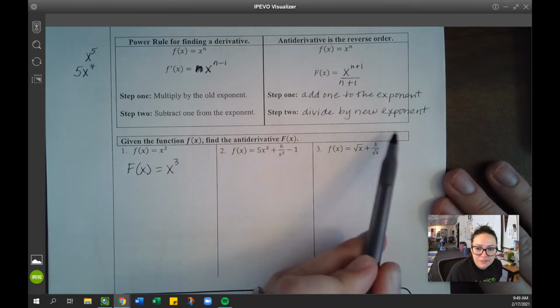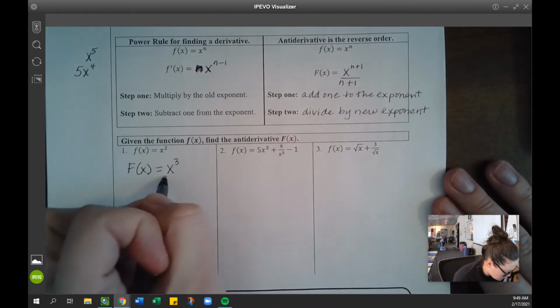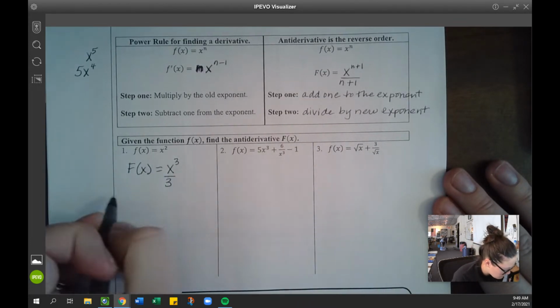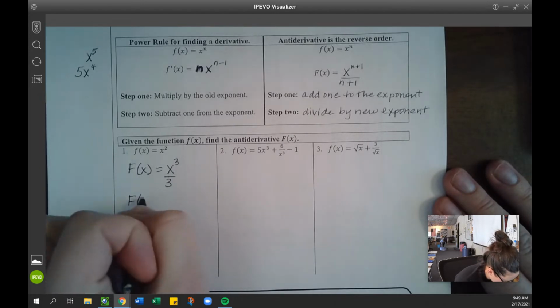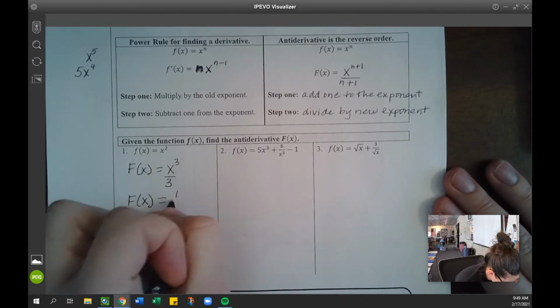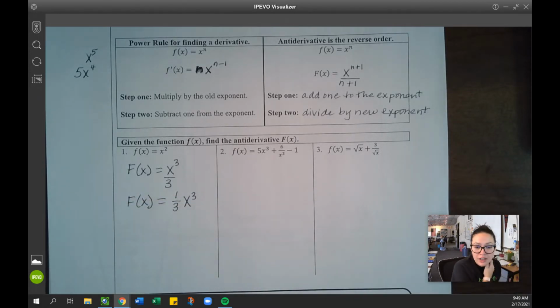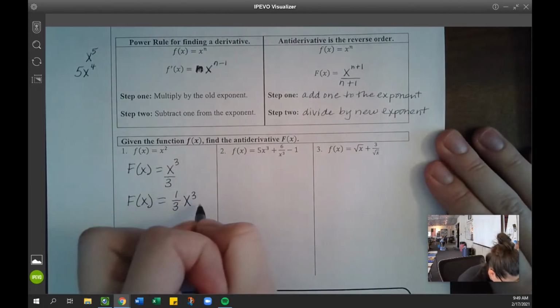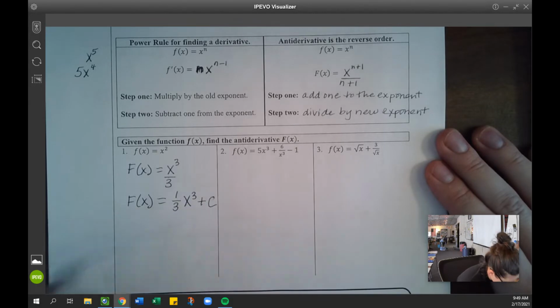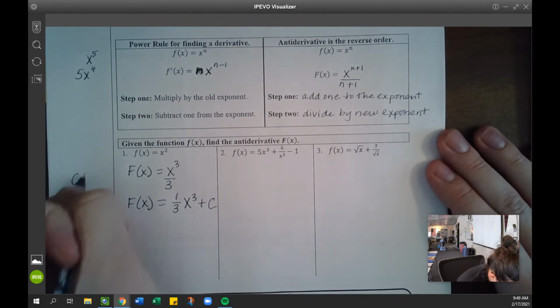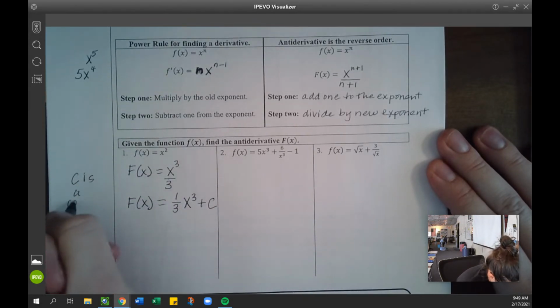And then we divide by that new exponent, so divided by 3, or if you wanted to write it like this, we could as well. Now, another thing I'm going to do is add a plus c. Okay, c is a constant.